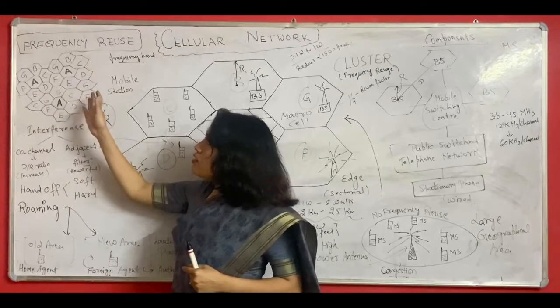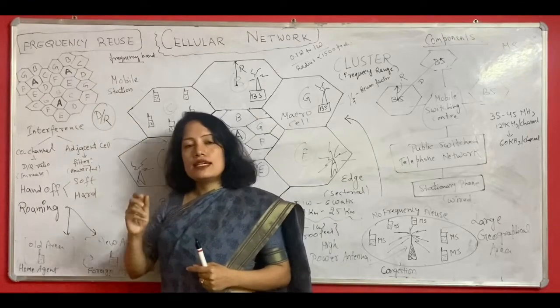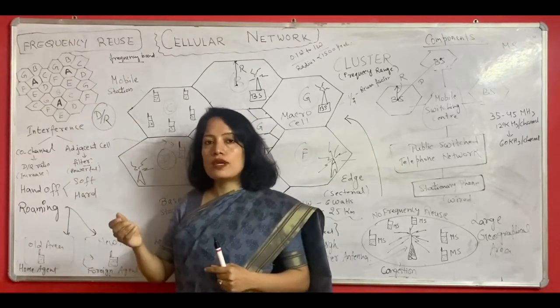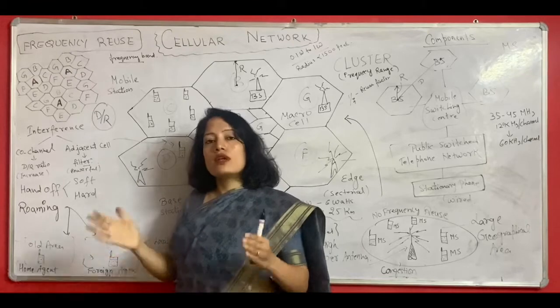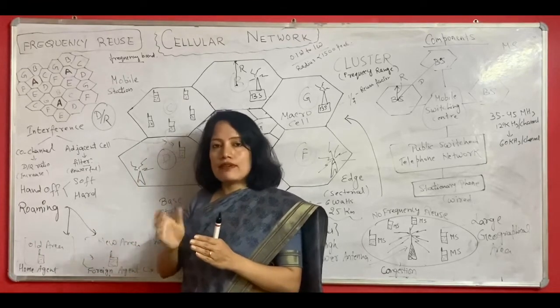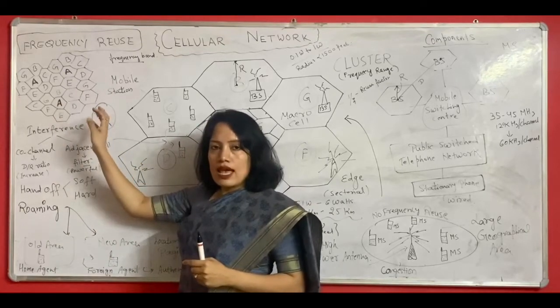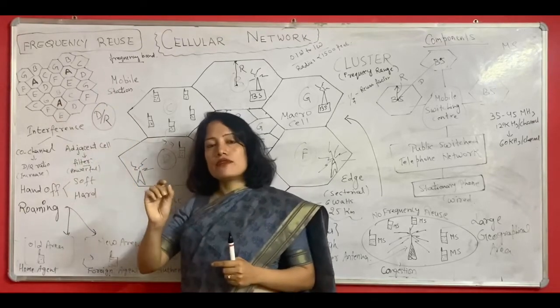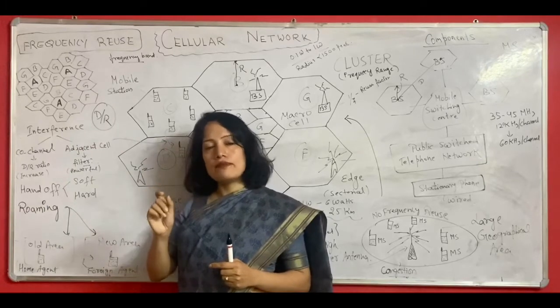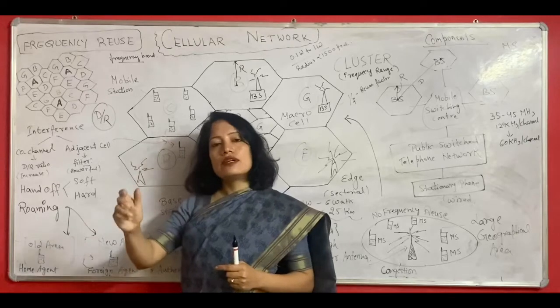This is the concept of frequency reuse. With an increase in the number of subscribers, we need not have more channels or frequencies; the same frequency can be subdivided and allocated to different subscribers, and the same frequency bands can be allocated to different users in different clusters.